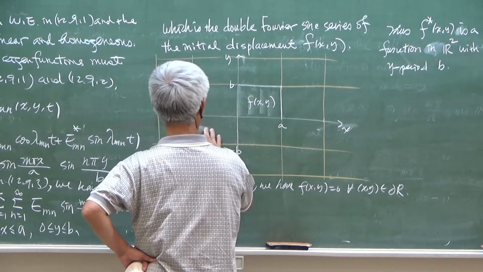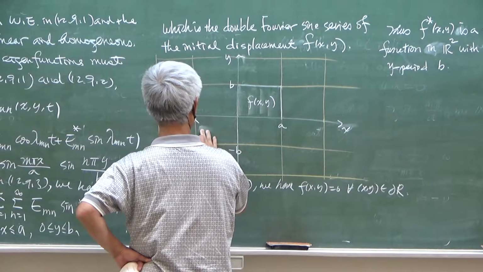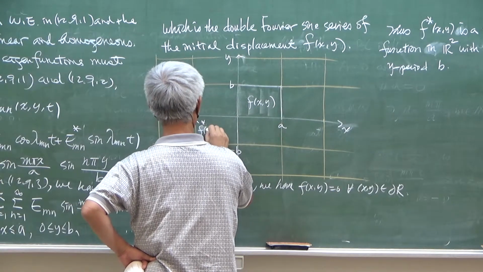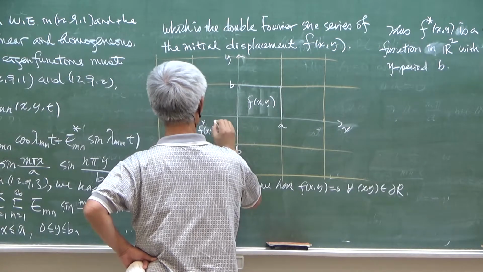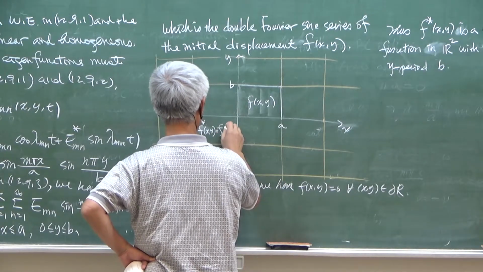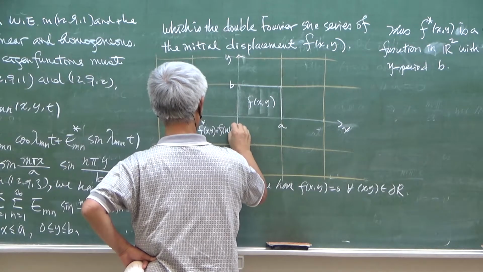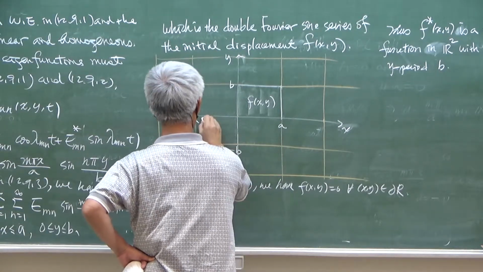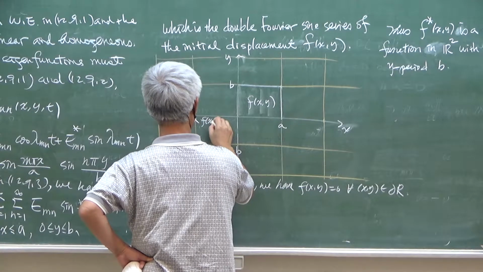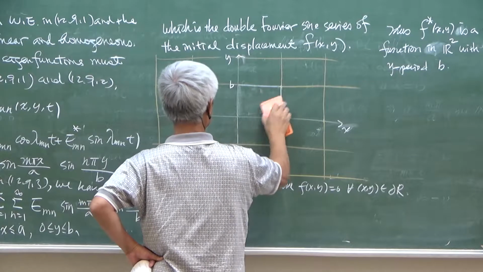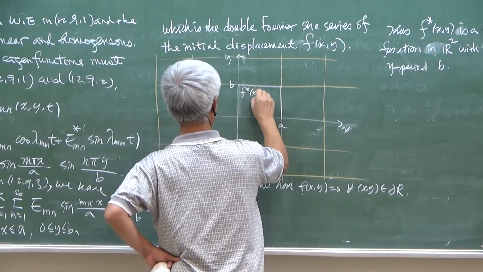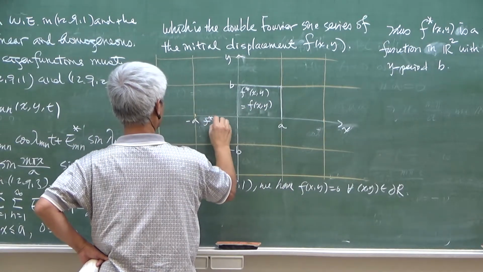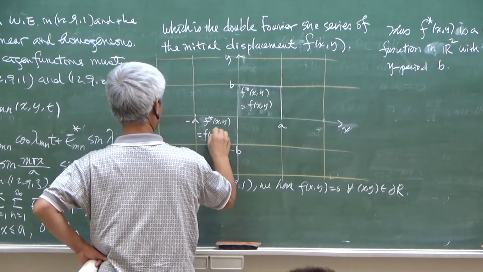So f star of x y is equal to f of x y in here. f star of x y is equal to f of minus x, minus y.